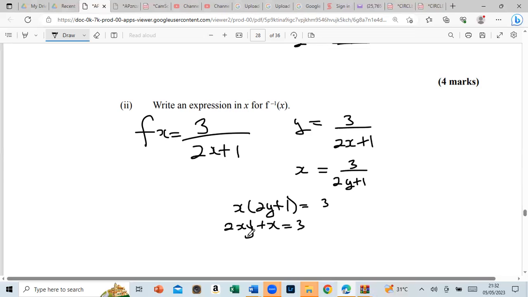Oh, this is tricky because I want to get y by itself, y the subject. So we get rid of the plus x, it doesn't matter, because this is going to be 3 minus x.